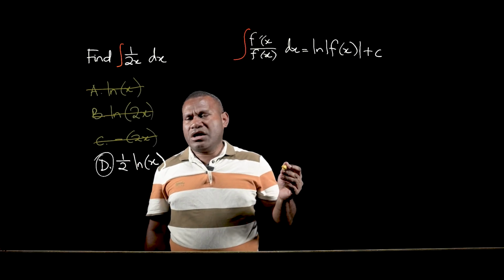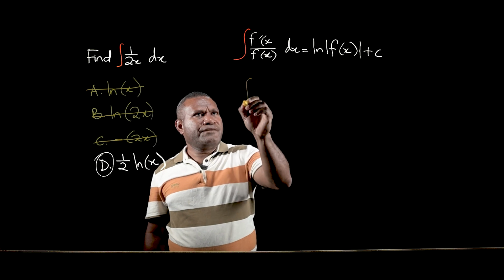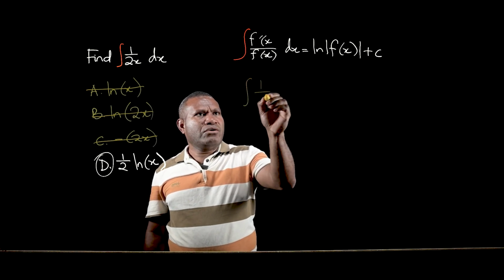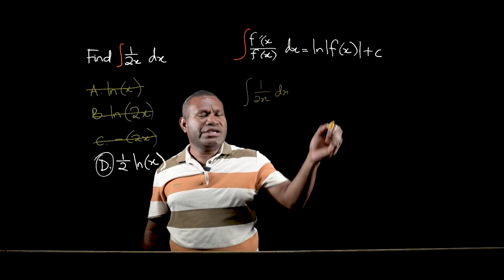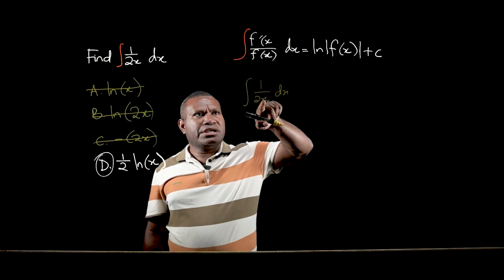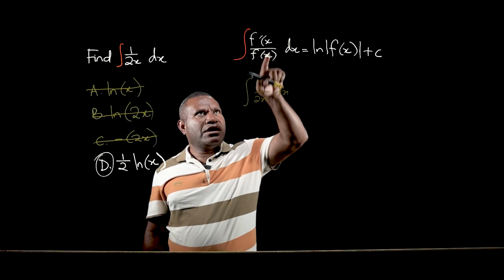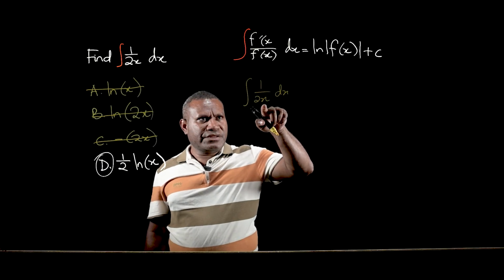If I use this definition on 1 over 2x dx, which is the question itself, and integrate, I see that 1 is not the derivative of 2x.